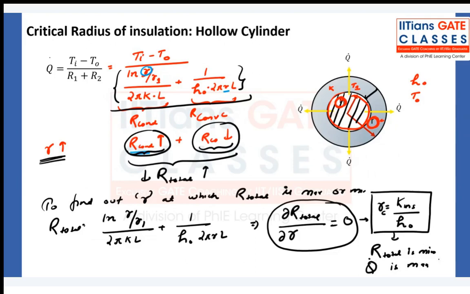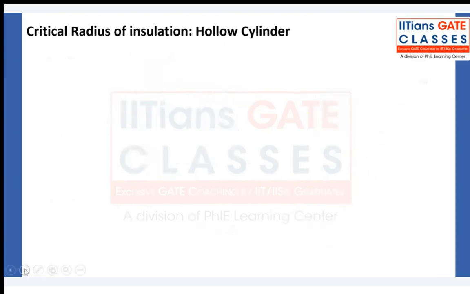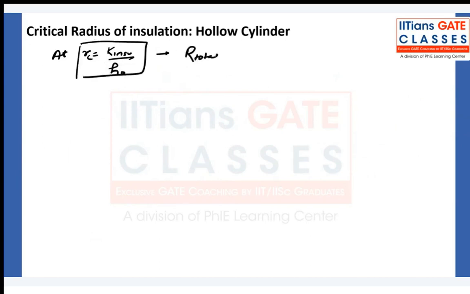At this radius. So is it clear? So I can say that at R equal to K insulation upon outside heat transfer coefficient, R total is minimum and heat transfer Q is maximum.